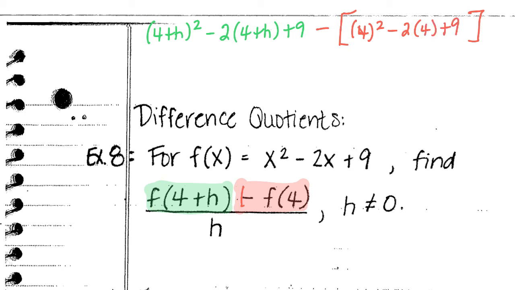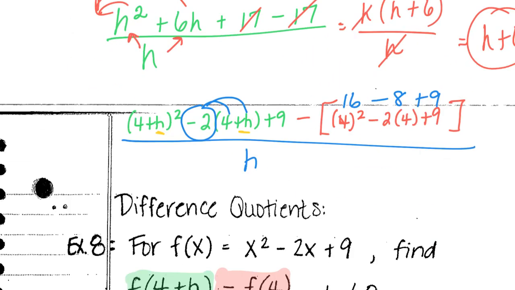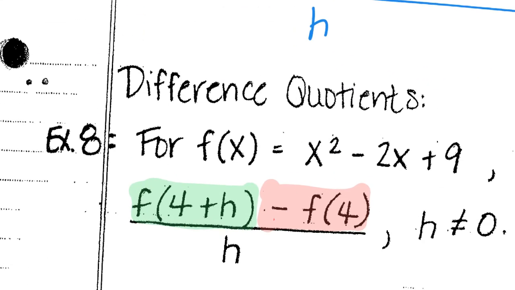And all of this is going to be over h. Well, that's confusing. But notice that we still have h's. So let's see if this works out in our favor. It's a lot. Okay, do you guys understand how you have to take the green and plug it in, and the red and plug it in? Not so shabby?